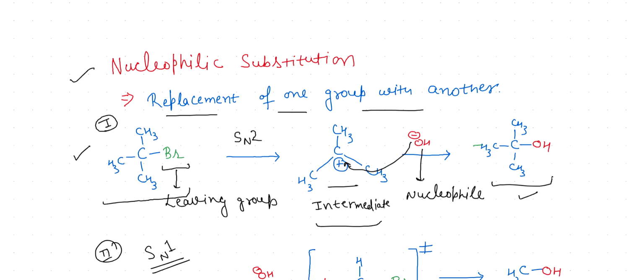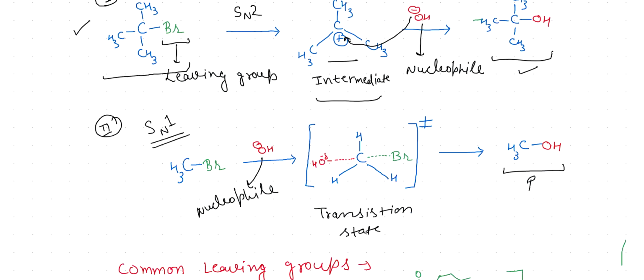The other one is the SN1 mechanism. In the SN1 mechanism, the substrate is methyl bromide, as methyl bromide is more prone toward this mechanism. In this, the nucleophile is also OH negative. In this reaction, the nucleophile first attacks this carbon, and there is formation of a transition state.